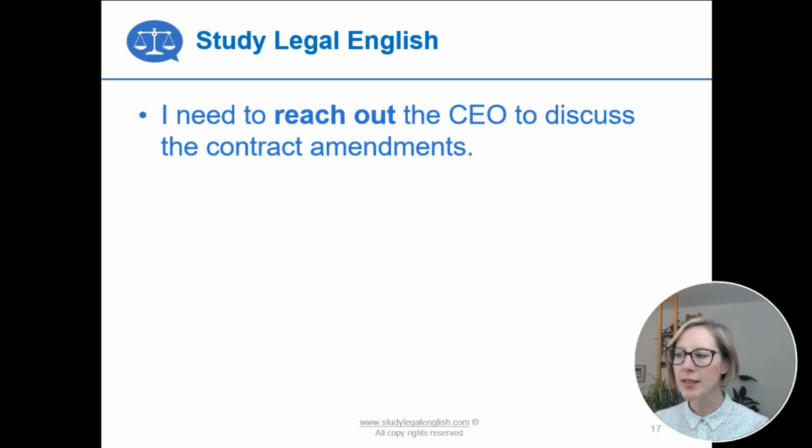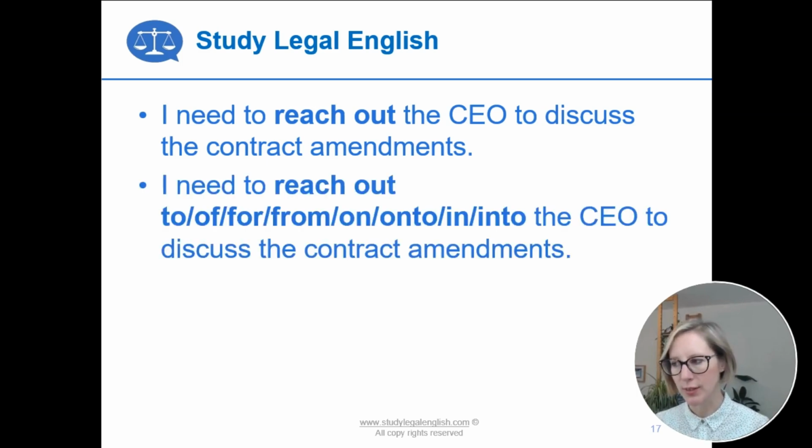Okay. I need to reach out the CEO to discuss the contract amendments. Reach out is a phrasal verb in itself. Okay, to reach out is a phrasal verb, but it needs a preposition afterwards. So see if you can choose the correct preposition that comes afterwards.